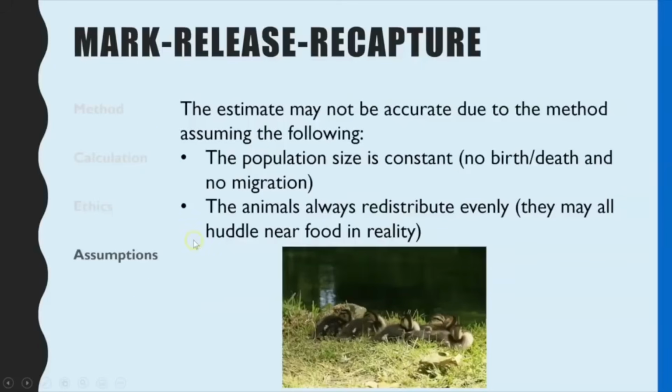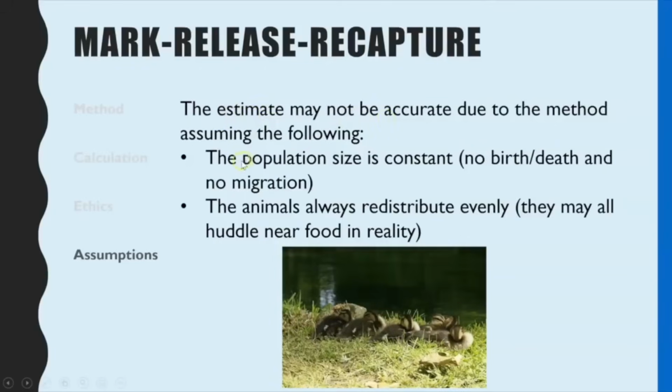So the last thing you need to know about the mark, release, recapture method is the assumptions. What we mean by that is the calculation is based on some assumptions. And because of that, you'll often find that when you do a model of this practical, which is going to be my next video with Skittles, you will find that your estimate might not actually be very accurate.